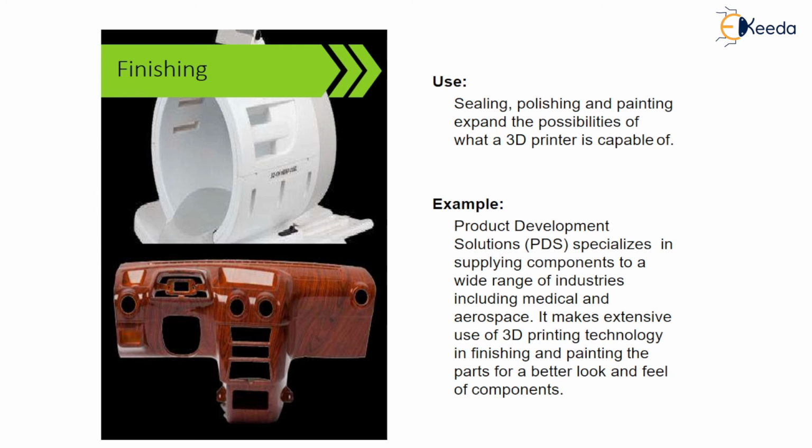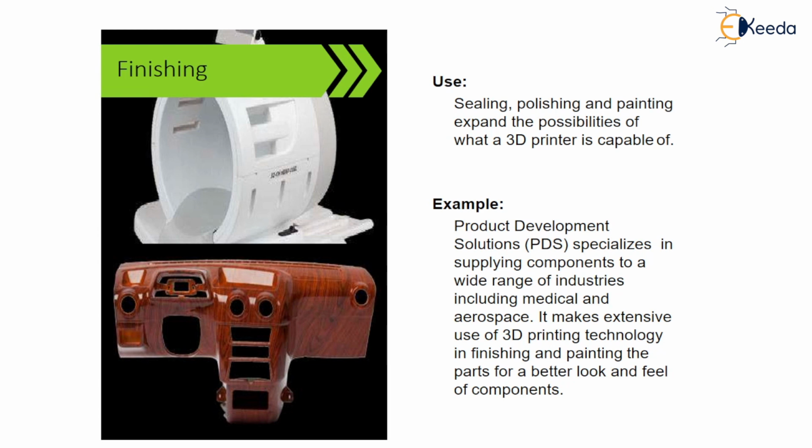So the different designs of the interior of a car or the interior of any shop are also decorative or finished parts we can make by using the 3D printing process, and it's easily available and has good quality. So that type of finishing and that type of part we can get easily by using the rapid prototyping process. So these are the main uses of rapid prototyping.